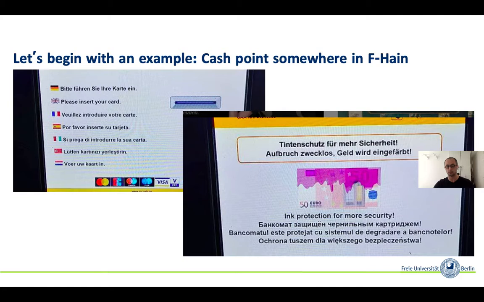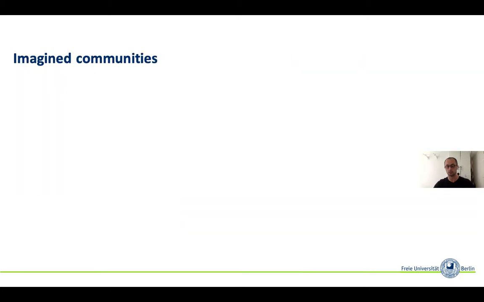So on the one hand, they were speaking to French, English, Spanish, Italian, Turkish, and Dutch-speaking, probably tourists visiting Berlin. And on the other hand, they were speaking to Romanian, Polish, and German-speaking criminals who would try to break in the machine. And this also says something about the ideas that are connected with linguistic expressions in the city. Okay, but let's move on.